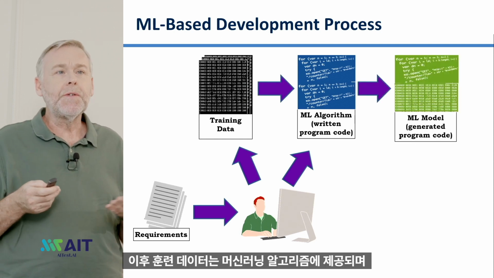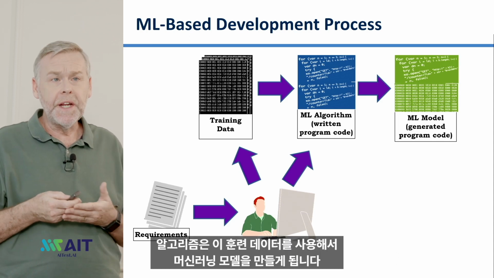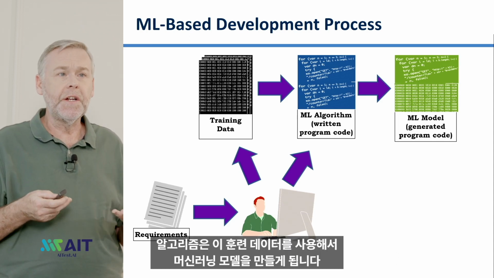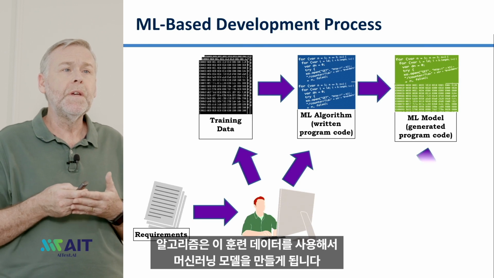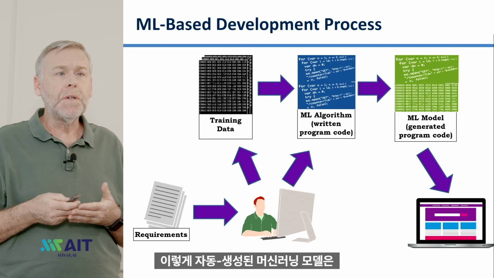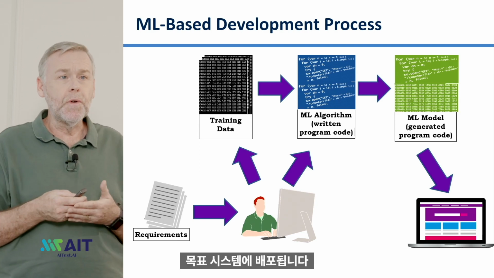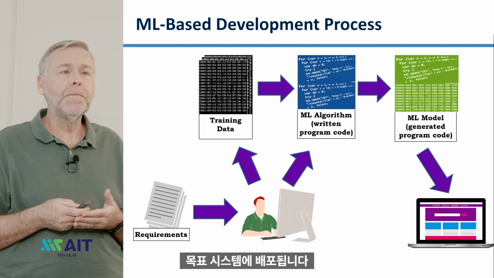Next, the training data is fed to the machine learning algorithm, which uses the training data to create a machine learning model. This automatically generated machine learning model is then compiled into an executable program and deployed to the target system.